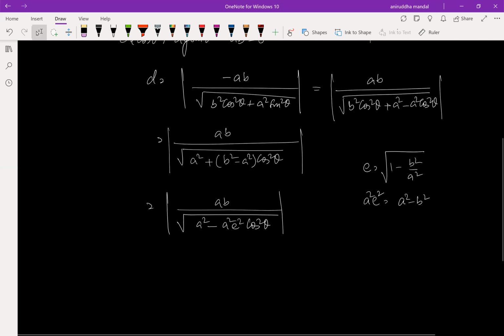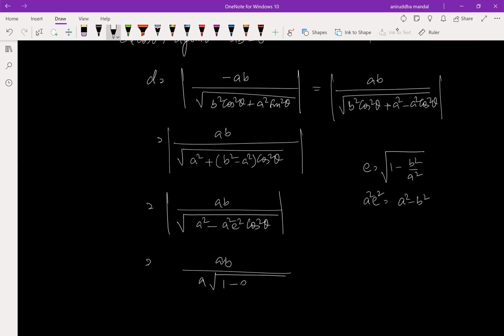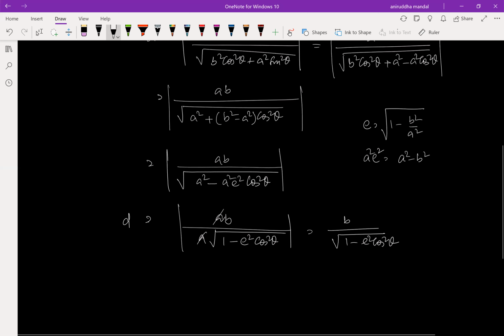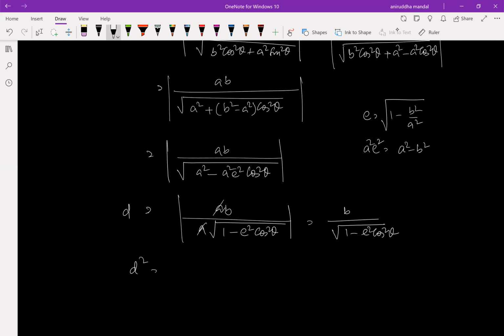Taking a square common, we can write this as ab by a under root 1 minus e square cos square theta. So this a will get cancelled, so d is b by under root 1 minus e square cos square theta. So this is d. We square both sides, so we can write d square as b square by 1 minus e square cos square theta. So this is equation number 1.